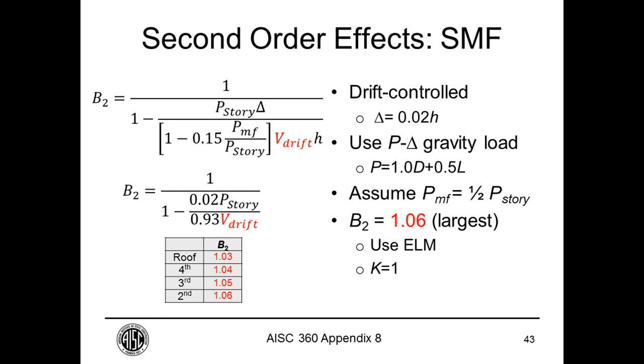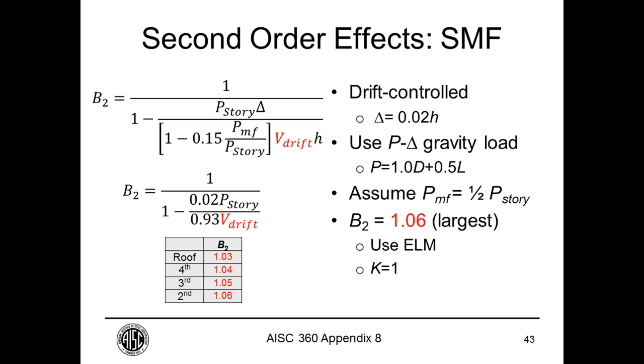However, for stability design, if you look at ASCE 7, section 12.8.7, when you're looking at P delta effects, the code says you don't need to consider any load factor greater than 1.